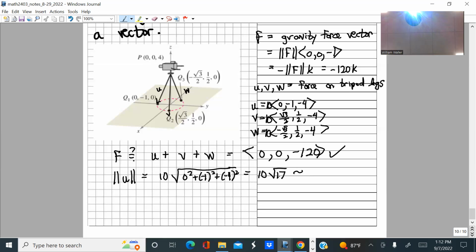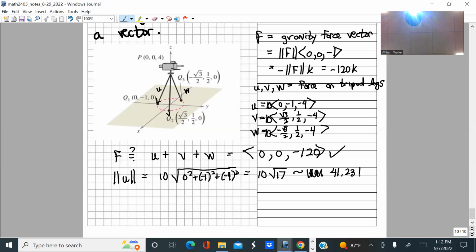The square root of 17 is a little bit more than 4. So actually, what is it? 40 point what? 41 point 231. Oh, cool.